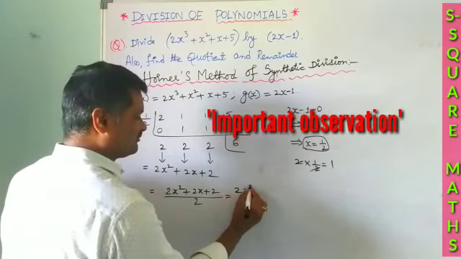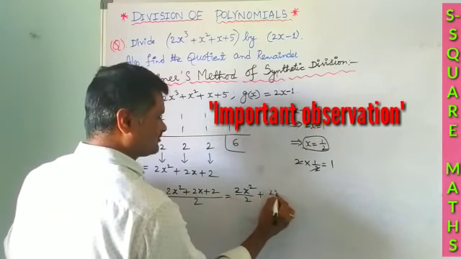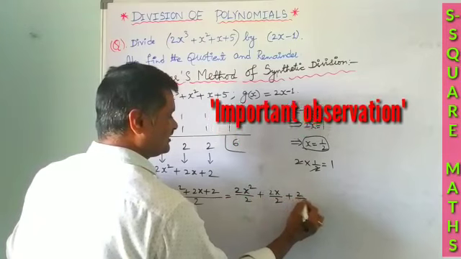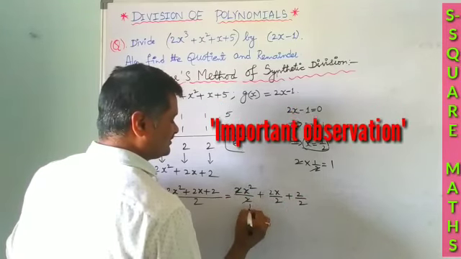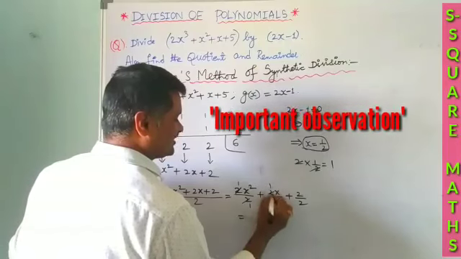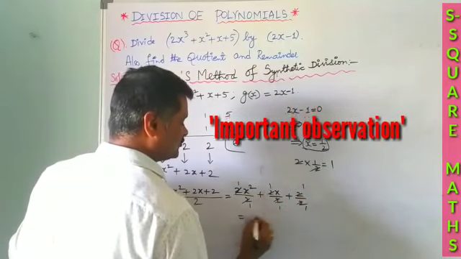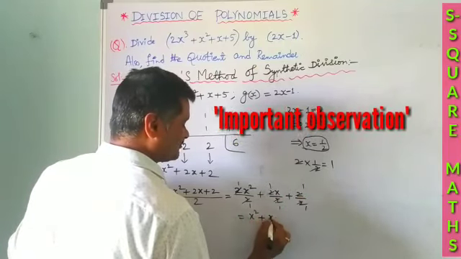So 2x square by 2 plus 2x by 2 plus 2 by 2. Finally these are ones, and we get x square plus x plus 1.